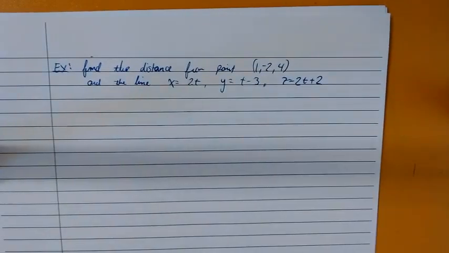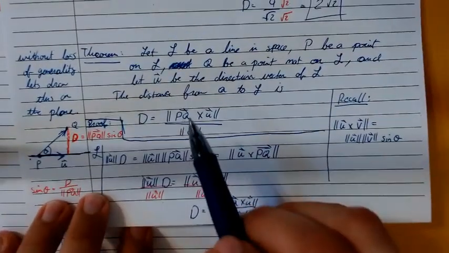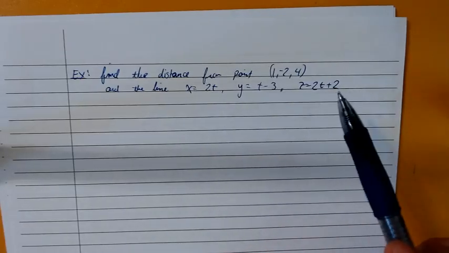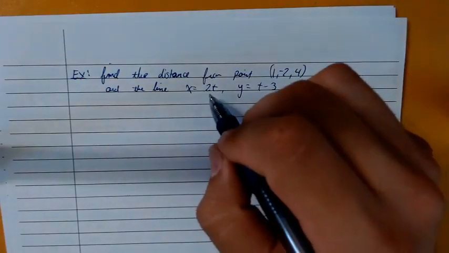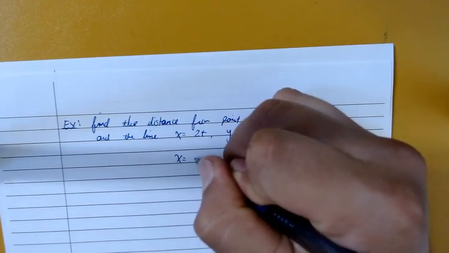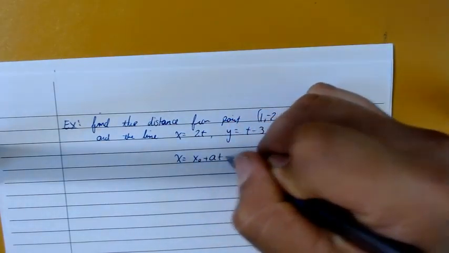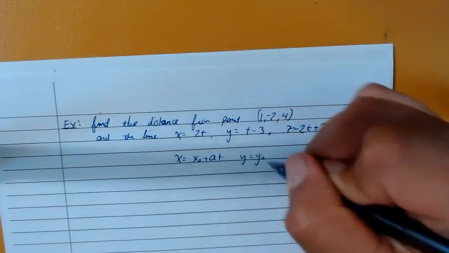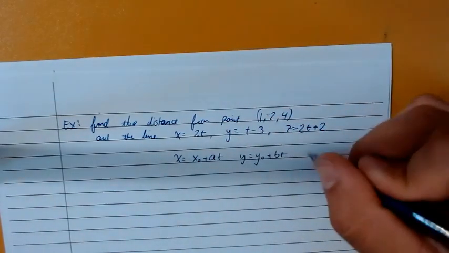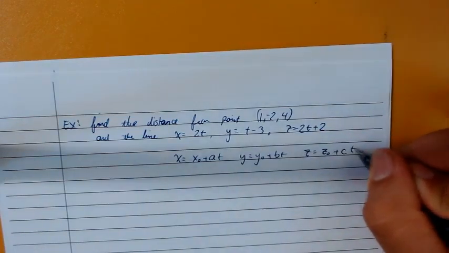All right, so given what we just saw, first of all, we're going to need to find a point P that's on our line. Well, that's simple. That's given to us by our parameterization. The parametric equations of a line are such that they look like x equals x naught plus a t, y equals y naught plus bt, and z equals z naught plus ct.